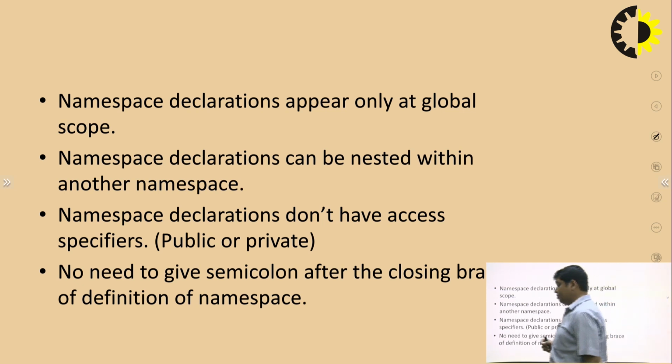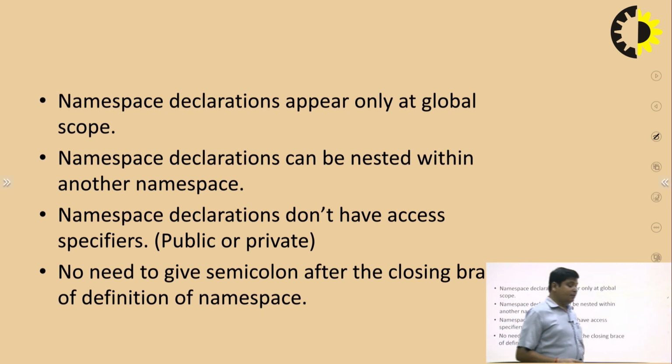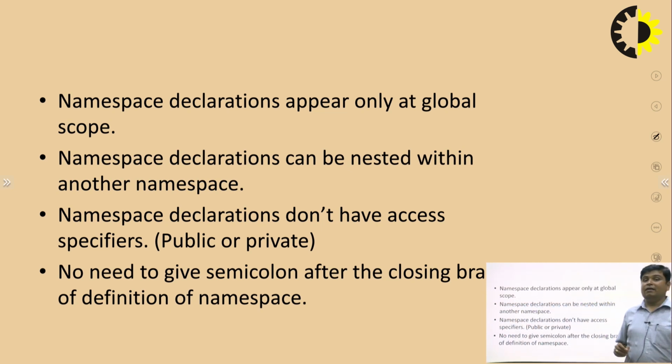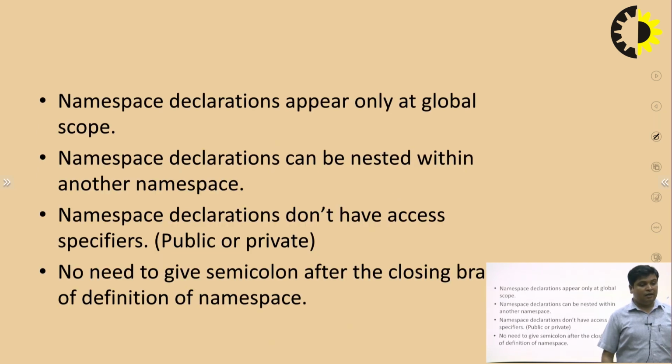Next thing, variables and functions have access specifiers, but namespaces don't have any access specifier like public, private and protected. No need to give a semicolon after the closing brace of the definition of the namespace. Okay. Hopefully you got clarity about some limitations of namespace.